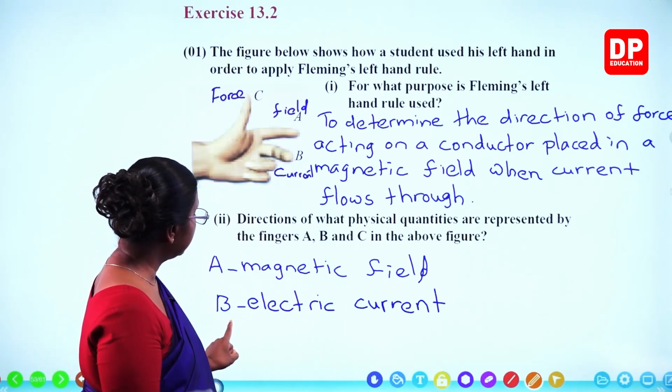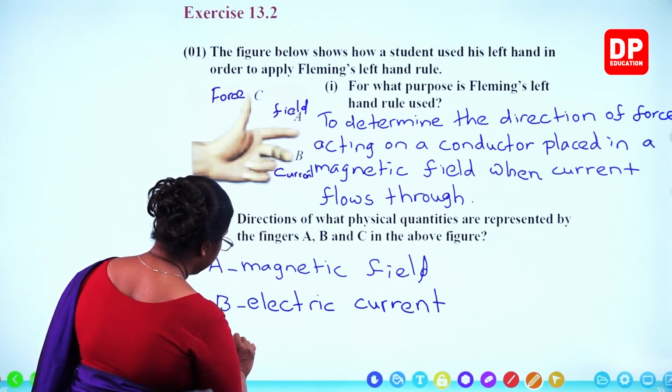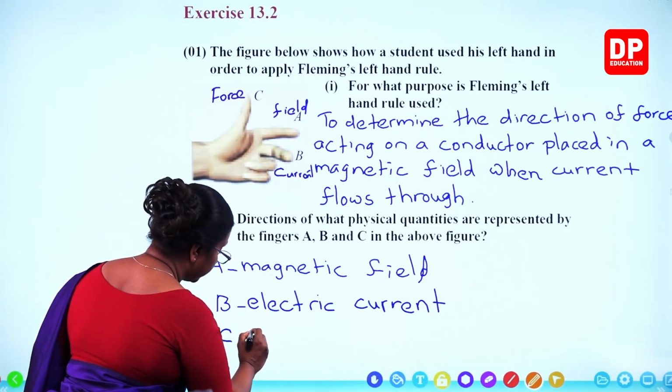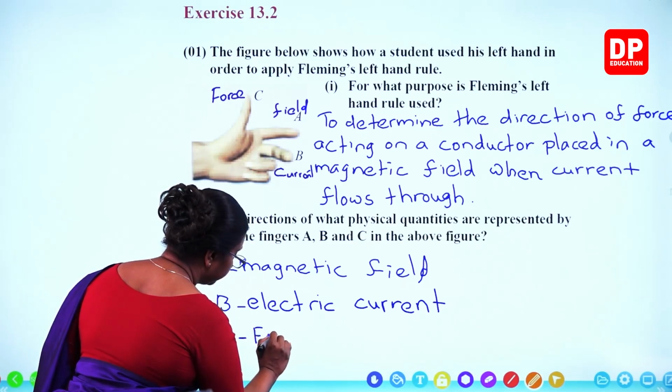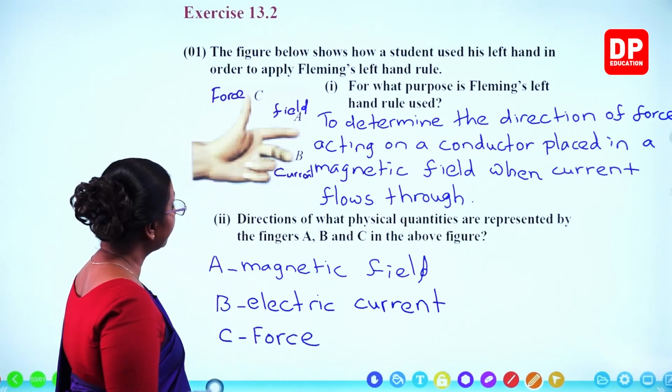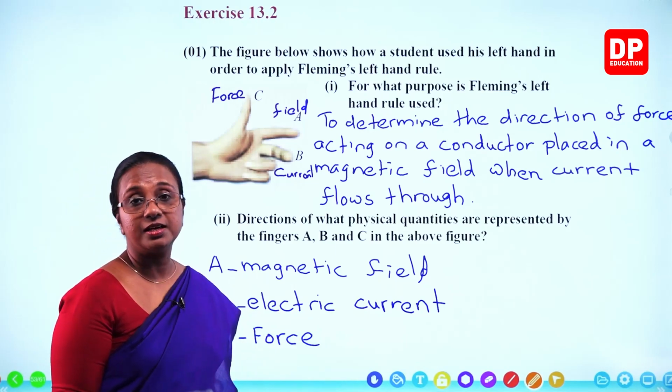Then B, here you can see, is the electric current, the middle finger. And C, that is the thumb, is the force. So those are the physical quantities.